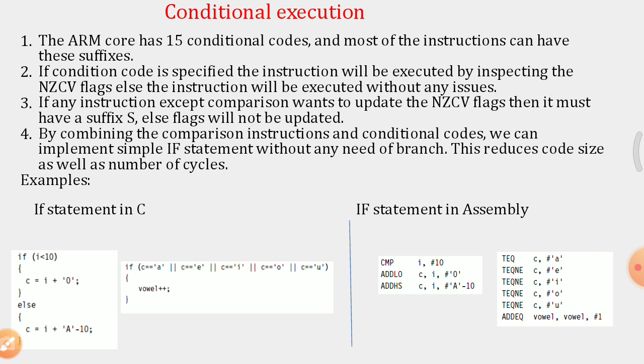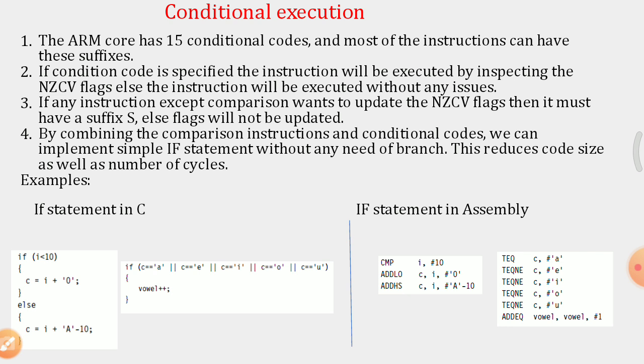So this if i is less than 10 is implemented in assembly like CMP i, #10, that is i minus 10. This CMP instruction is going to update the NZCV.